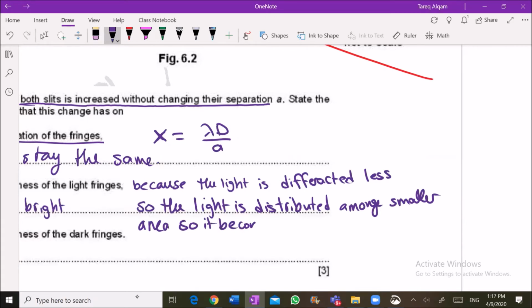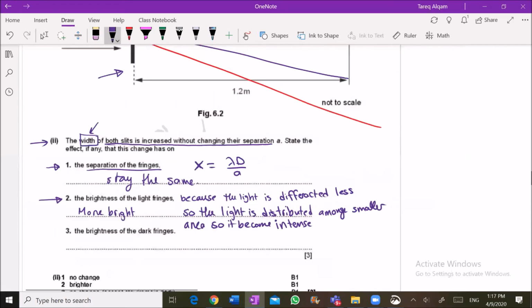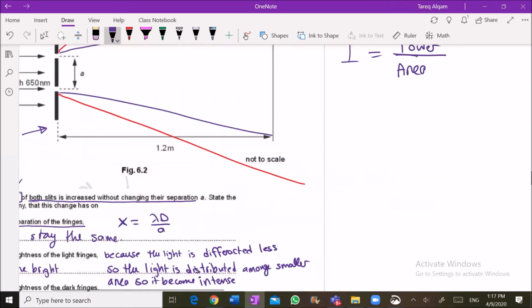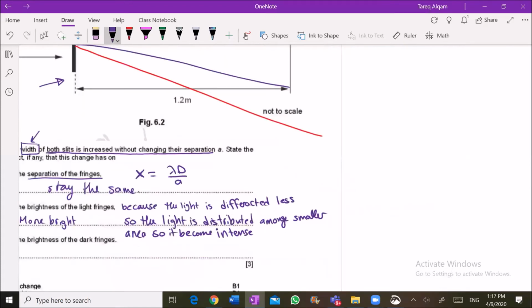Intense. The fringes, X, guys, X between two adjacent bright fringes or two adjacent dark fringes.